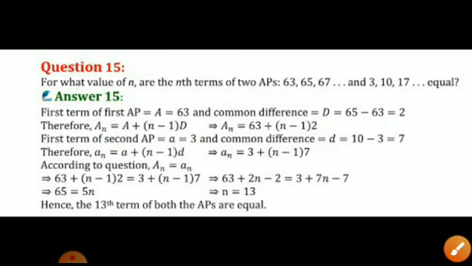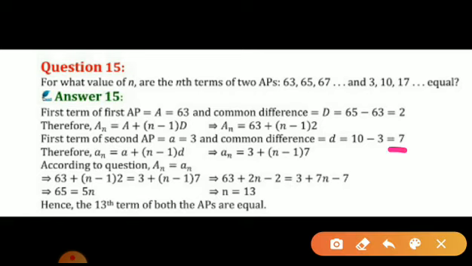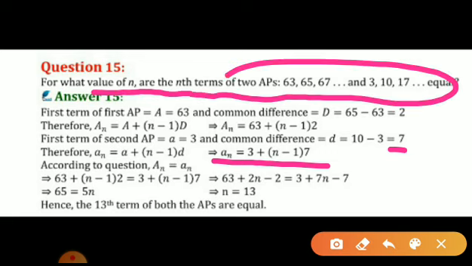Similarly, for the second AP, the first term is 3 and the common difference you will get as 7. So accordingly, I will be getting an is equal to 3 plus n minus 1 into 7. Now according to the question, what is it? For what value of n are the nth terms of these two APs equal?